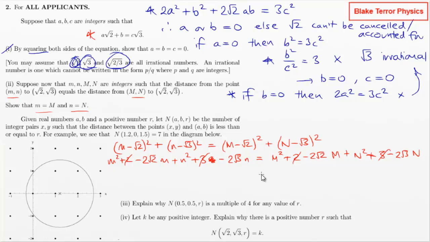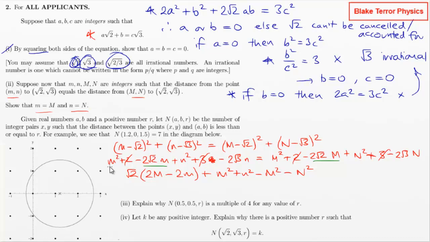So what we got with root 2's, we got these two root 2's. So we got a root 2 times 2m minus 2m, uppercase minus lowercase. So that has dealt with that term and that term. Then we want the bits that don't have any square roots in. So that's going to be an m squared and an n squared, and then minus the uppercase versions of each one of those.